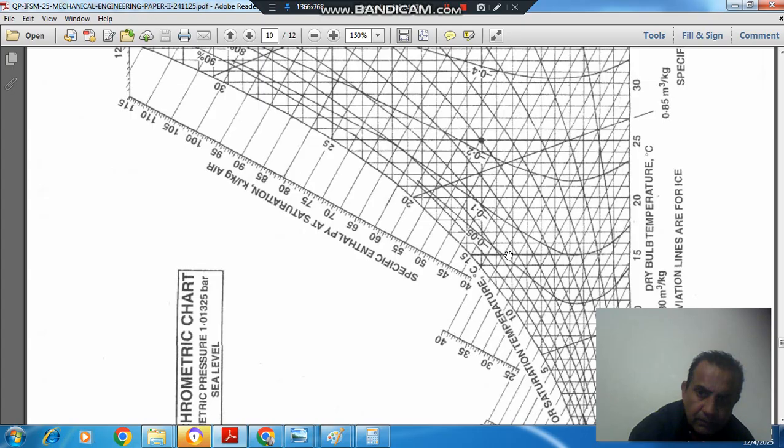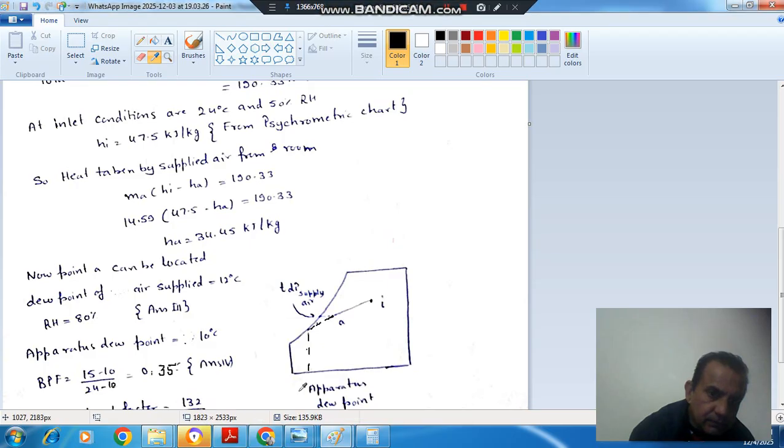Here you can see that relative humidity is approximately 80% and the dew point temperature is approximately 12 degrees Celsius. So this is the air supplied dew point temperature, that is 12 degrees Celsius, and relative humidity is 80%.